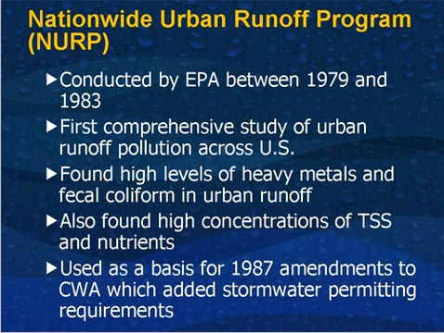And the findings: they basically found really high levels of heavy metals and fecal coliform in the urban runoff, and also higher concentrations of TSS and nutrients. And this nationwide study was really the basis and helped support the need for stormwater permitting requirements to be added to the 1987 amendments to the Clean Water Act. So that really pushed the whole program along.